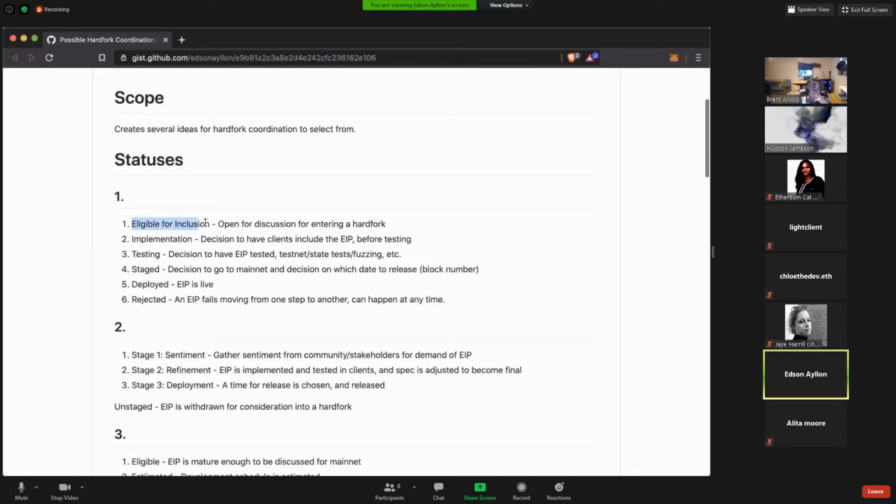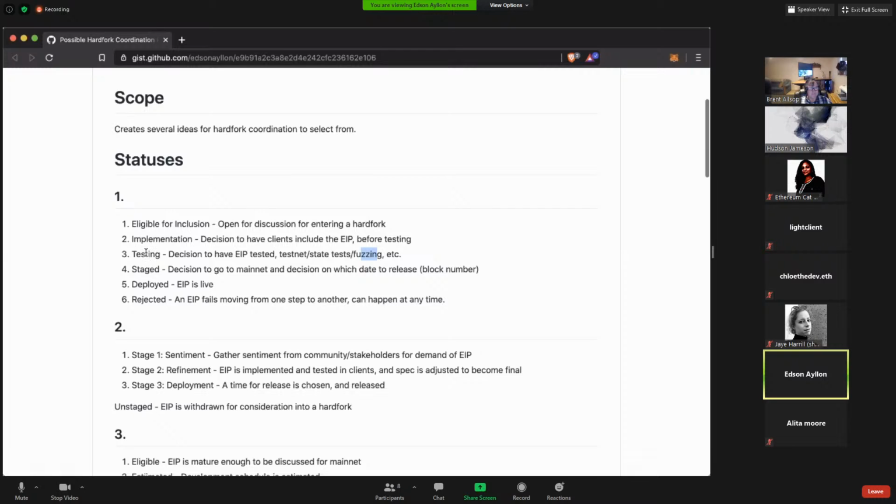One is eligible for inclusion, so this opens the discussion for the hard fork. Implementation is the decision to implement them in clients before testing. After the implementation is done, they could be moved to testing, the decision to have the EIP tested, on a testnet or just state tests, fuzzing, etc., or a combination of these.